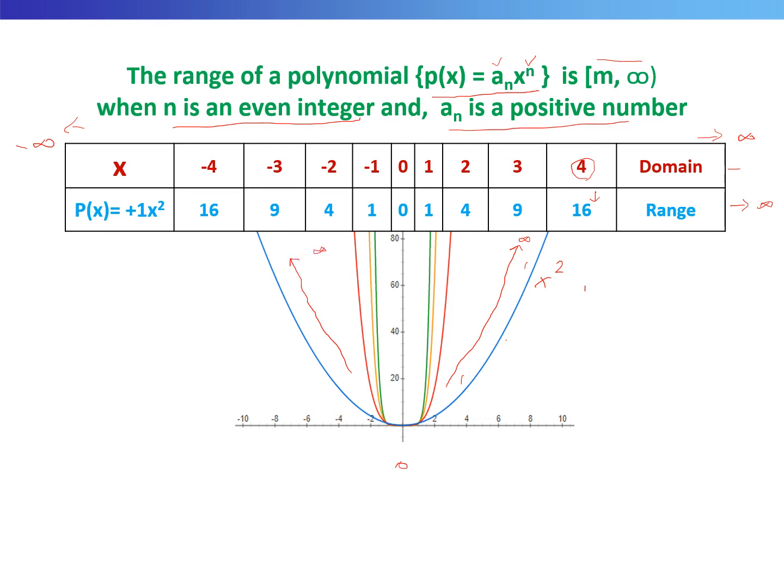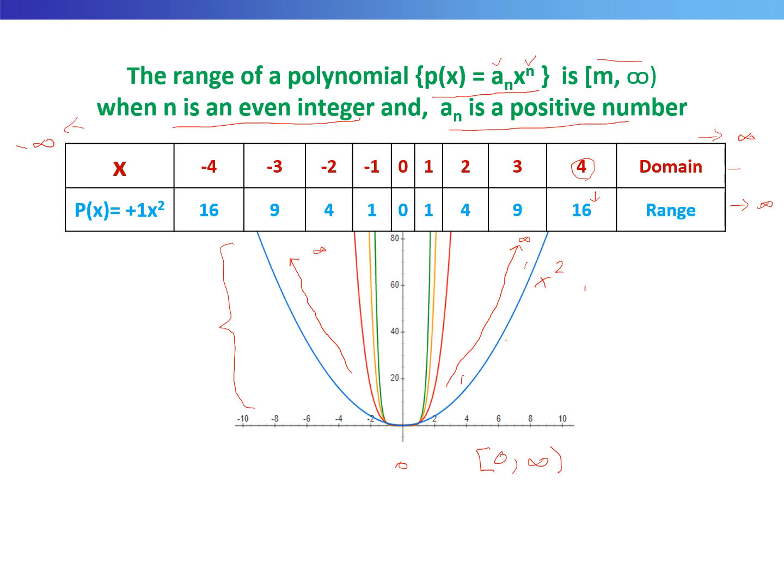So if we want to know the range, then we know the range is the smallest value all the way until the largest value for y. The smallest value for y is 0 here, and the largest value for y is infinity. 0 is included, and this is infinity.